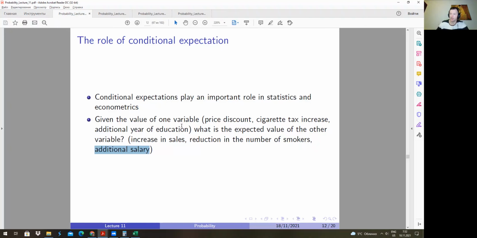What if I change this? What do I expect in the outcome variable? That's the most interesting thing. So we don't want just to find some connections between the processes. We want to use these connections in order to make some decisions, of course. So that's why we are interested in the conditional expectation as well.